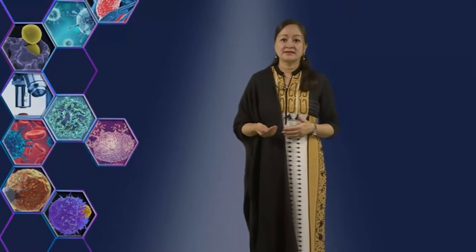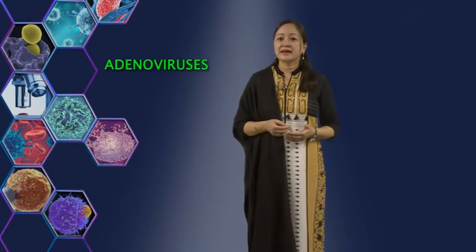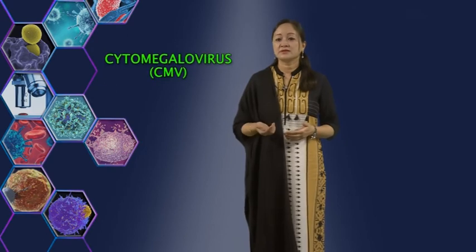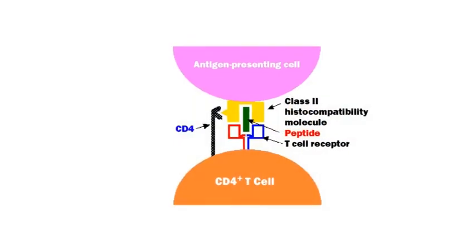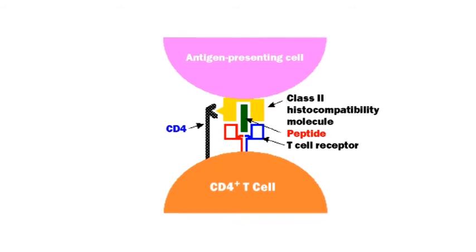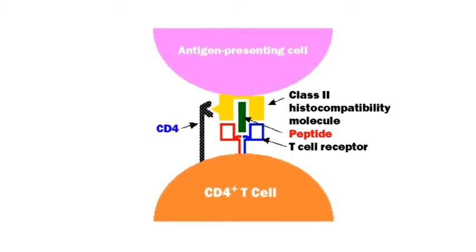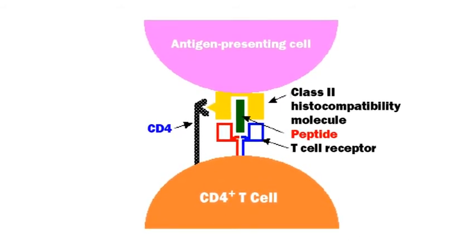Some of these viruses are adenoviruses and cytomegaloviruses, or CMV. Viruses like CMV, measles virus and HIV have also been shown to reduce levels of class II MHC molecules on the cell surface, thus reducing antigen presentation to CD4 positive T helper cells.